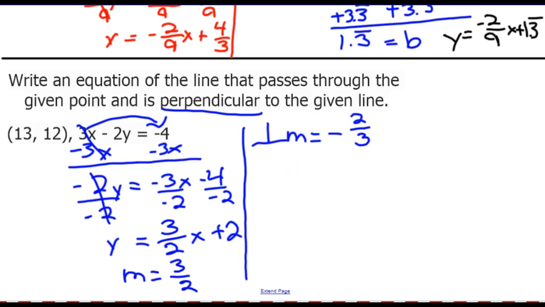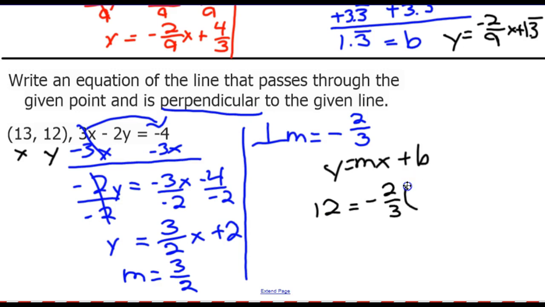So again, we're trying to get this into y equals mx plus b. So our x is 13, our y is 12. So our y, 12, equals a negative 2/3 times 13 plus b.